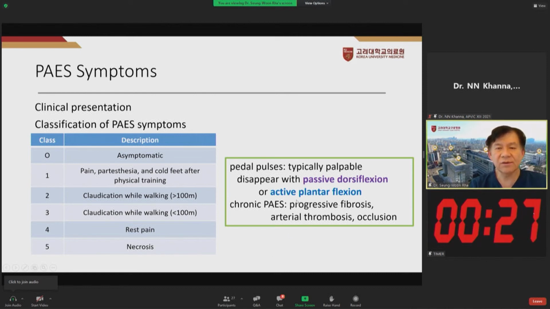And this is well manageable. During the angiography test, you can check whether the good image disappears during passive dorsiflexion or active plantar flexion.